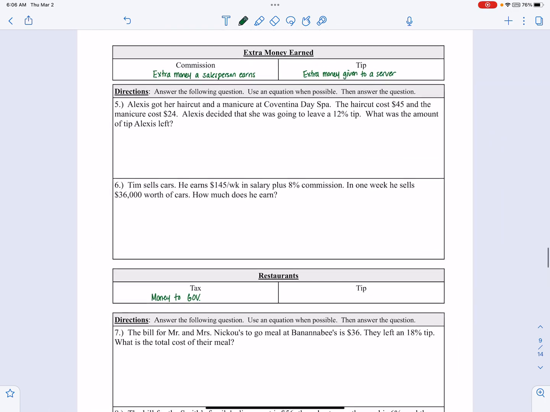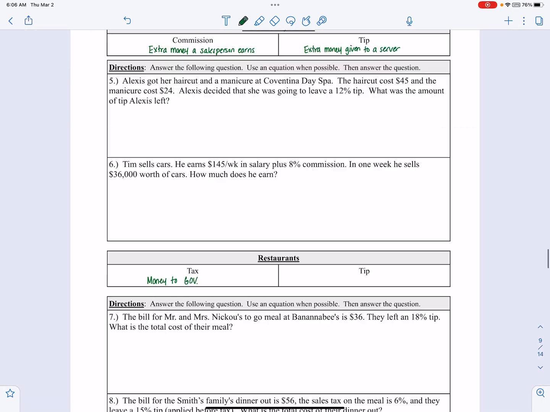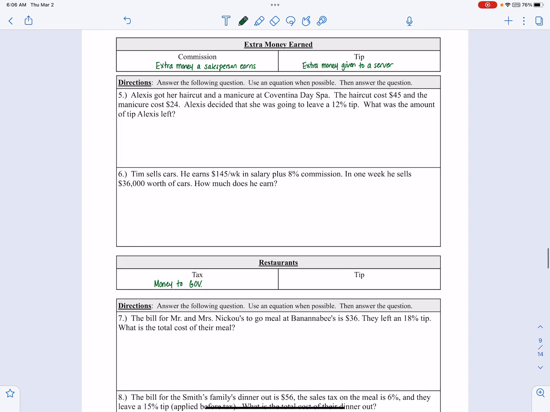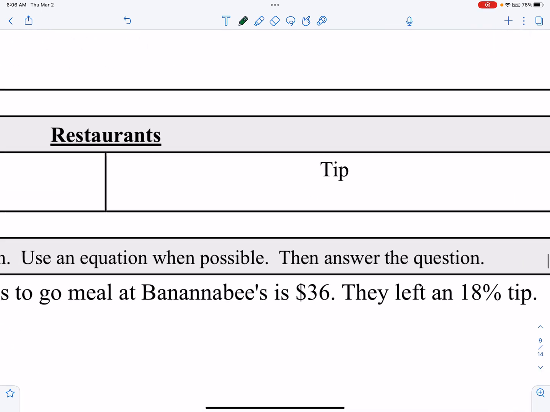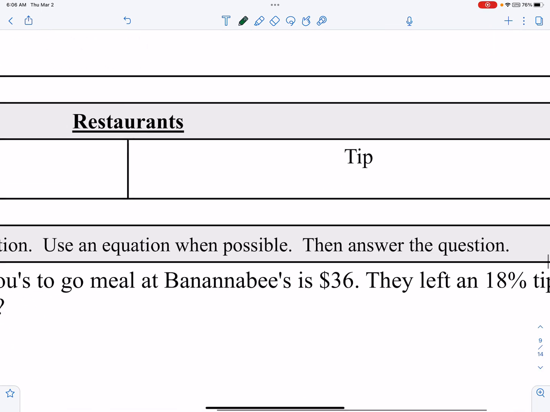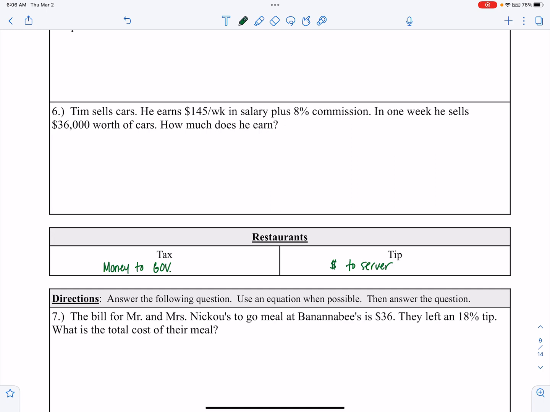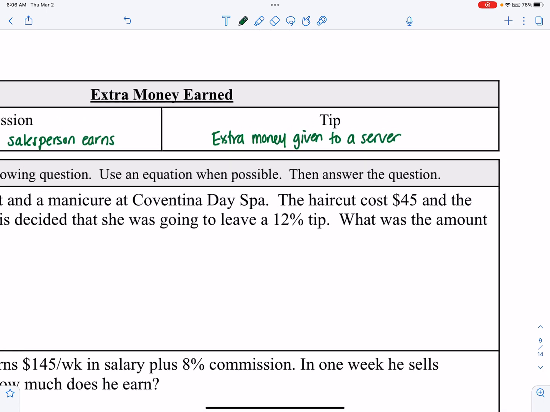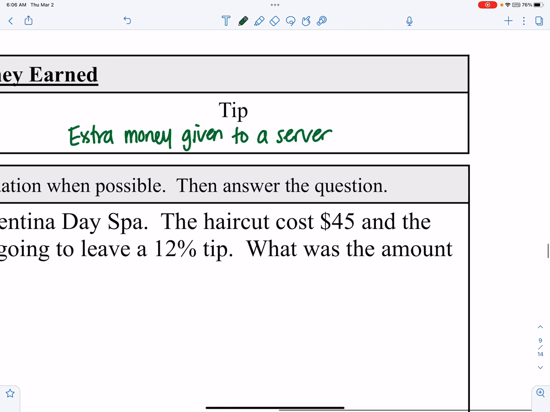And then our tip in restaurants, we already said, is the extra money to the server. So in this case up here, this tip, if it's not a restaurant, it might be a server or really any other person who's provided you with a service.